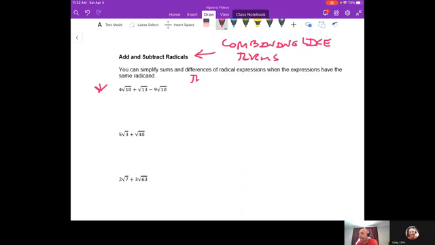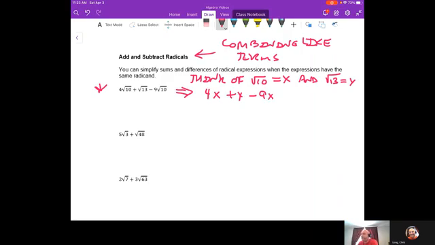If we think of the square root of 10 as being an x and the square root of 13 as being a y, we can transform it to look something like this: 4x plus y minus 9x.